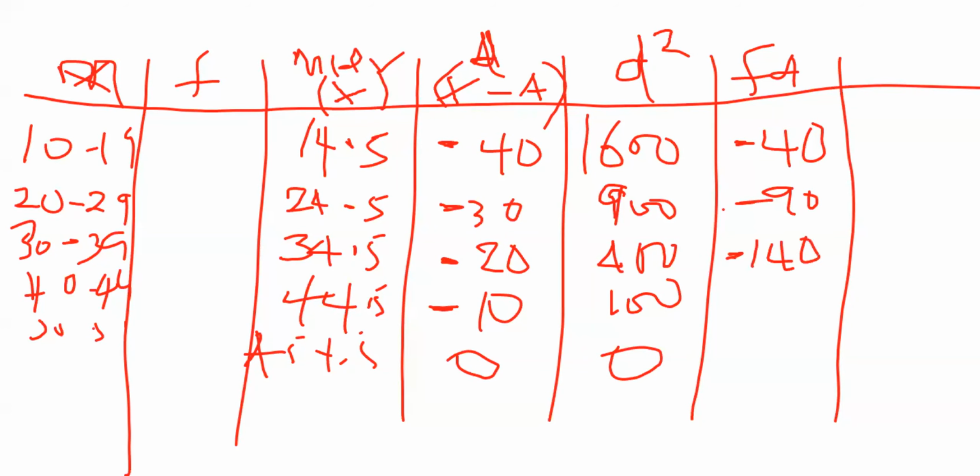The next one will be frequency of 20 times minus 10. It will be minus 200. The next frequency is that one that has 0. So it will also be 0. After this 0, the next one, as usual, will be 220, 200, 150, 80.